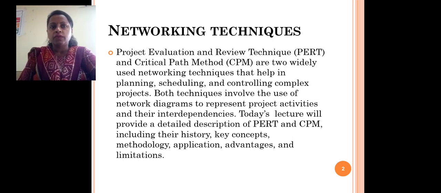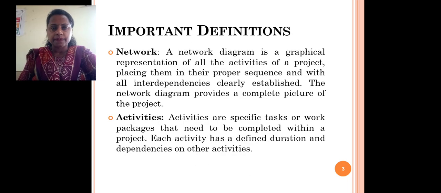Both techniques involve the use of a network diagram to represent project activities and their interdependencies. In today's lecture, we will discuss their definition, their methodology, the key concepts, applications, advantages and disadvantages.